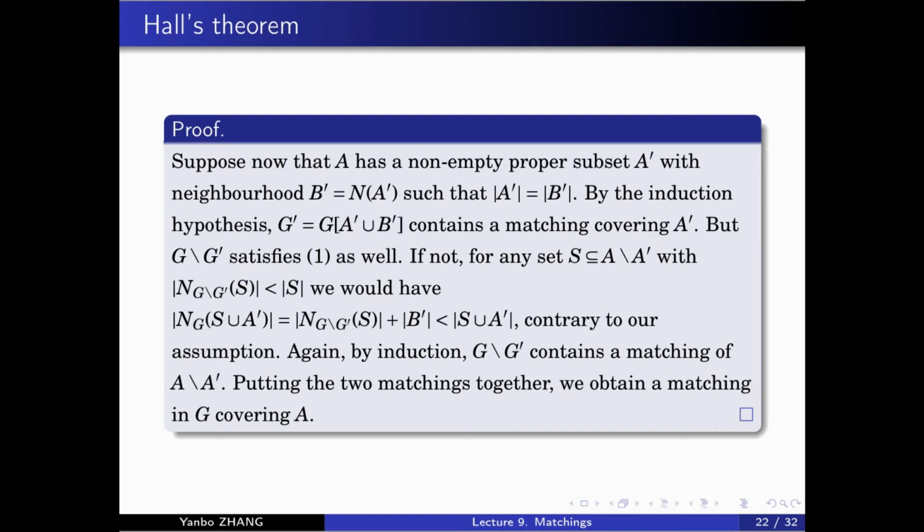This is the second case. Suppose now that A has a non-empty proper subset A' with the neighborhood B' equals N(A') such that the size of A' equals the size of B'.